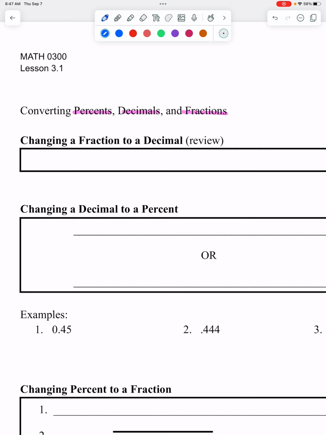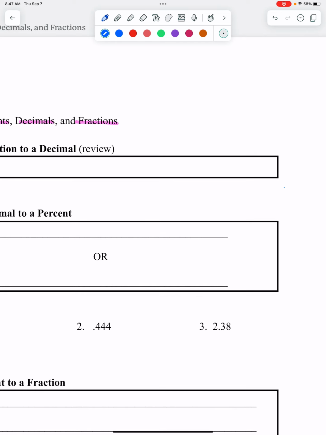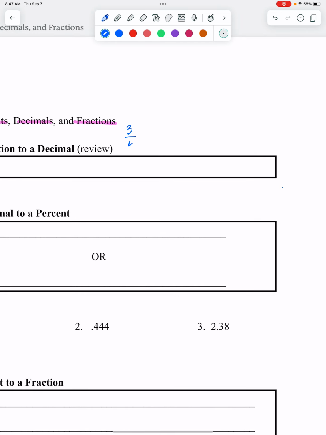When you change a fraction to a decimal, so let's say we want to take 3/5 and change it to a decimal, so it would be point some stuff. Those are numbers, not hashtags.